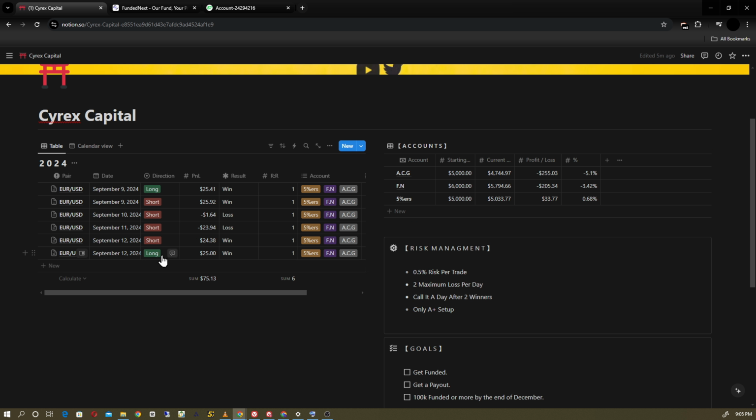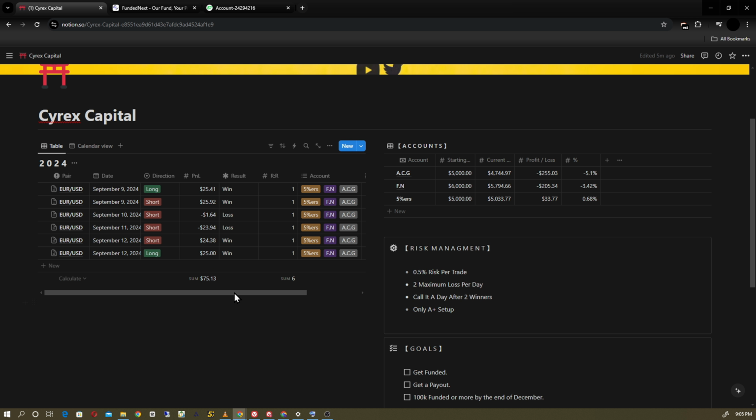Today is the 12th of September. On the 10th, I didn't really take any trades, but this was a test trade. It was a no trading day for me, so I didn't trade. This was just a test trade, I actually opened it by mistake. Yesterday I took one loss, and today we had these two wins.